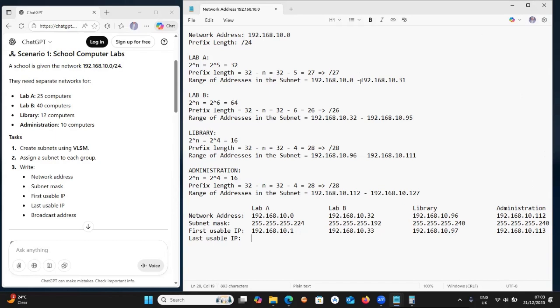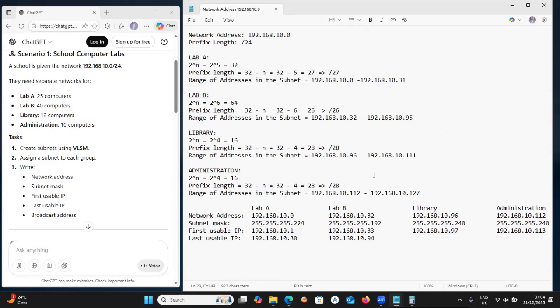So the address just before it is the last usable address. So let's copy the last address, then we subtract 1 from it. So we have 30. The last usable address for lab B, we have 95. So we subtract 1, it is going to be 94.